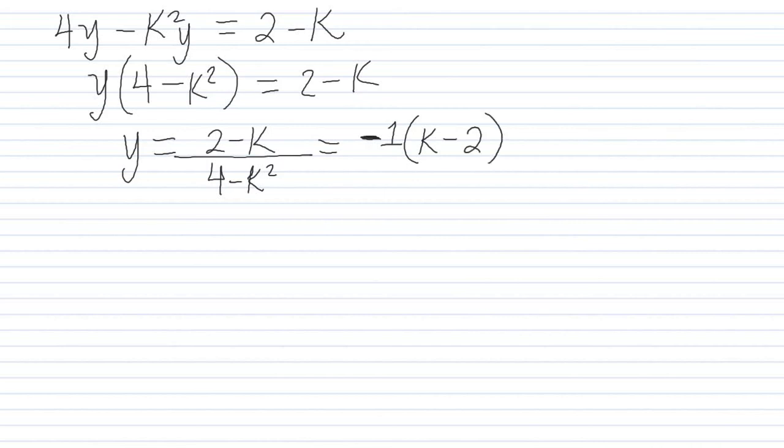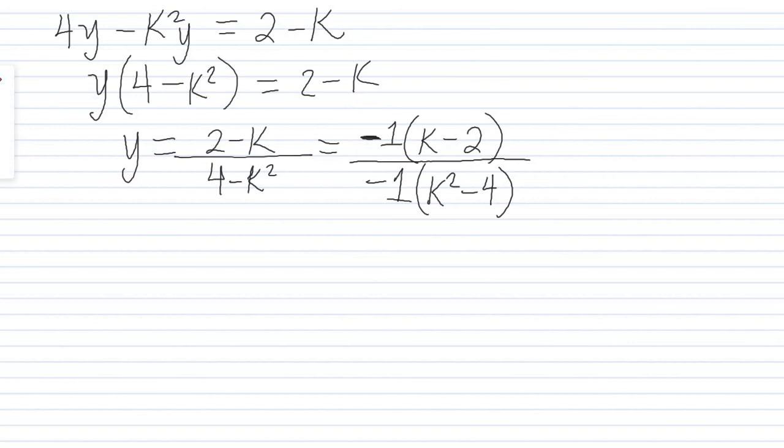When you factor out a negative, you end up with k minus 2, because if you multiply the negative 1 by k and negative 2, you end up with negative k plus 2, which is what we have on the left side. So we're just factoring things out to make it easier. So let's factor out another negative 1, so we end up with k squared minus 4.